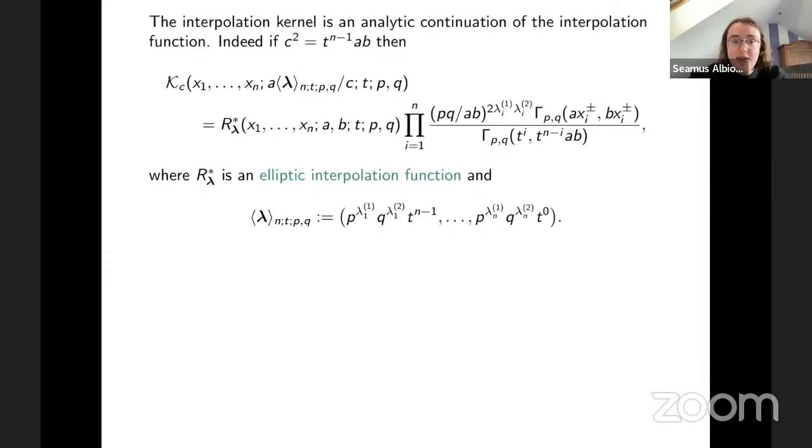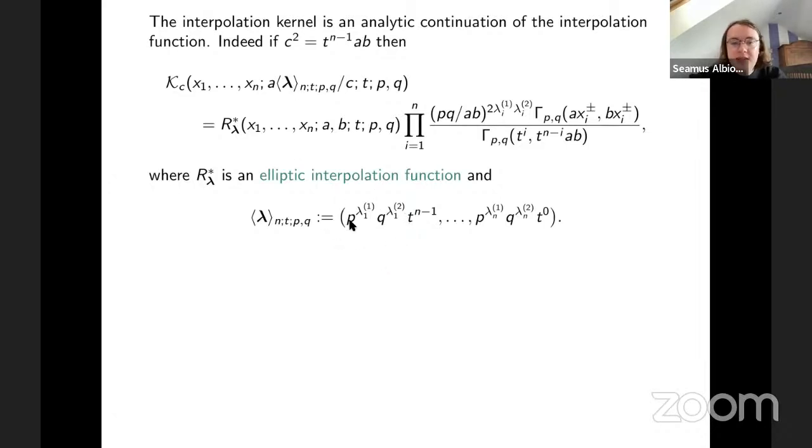Well, if you restrict so that C squared is T to the n-1 AB, and you specialize one of the alphabets as this kind of progression. So this bold lambda is what's called a bipartition, which is just a pair of partitions, lambda 1, lambda 2.